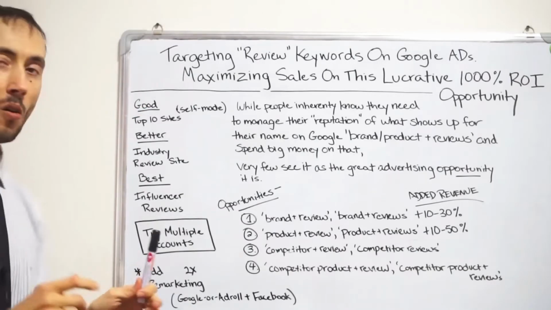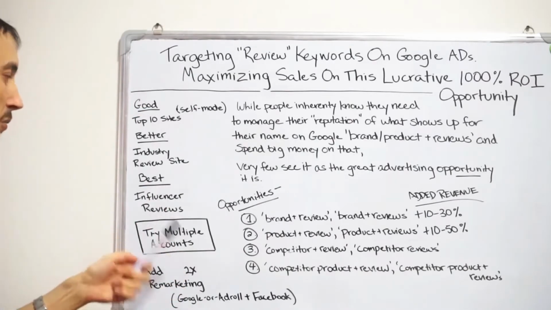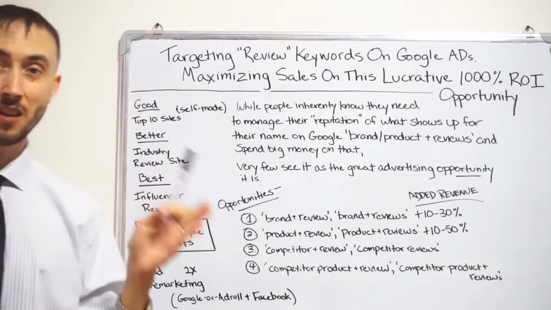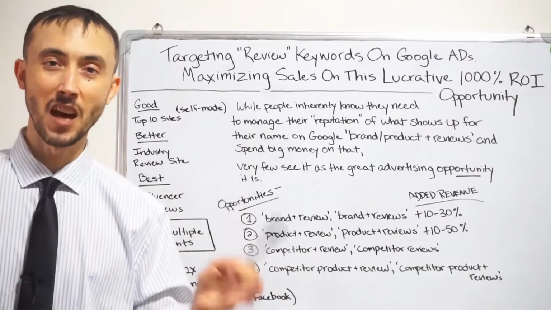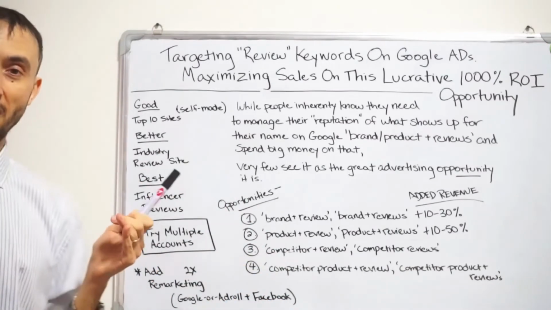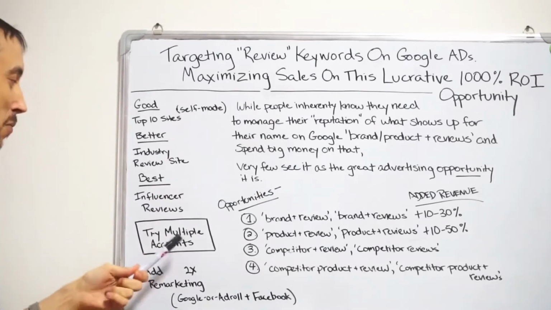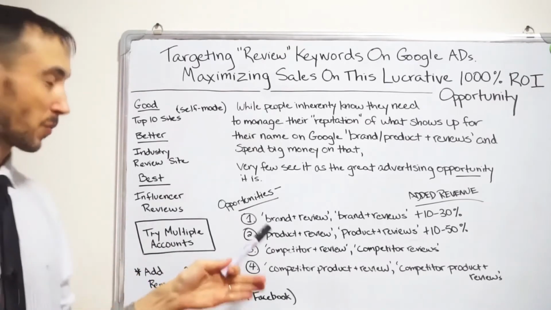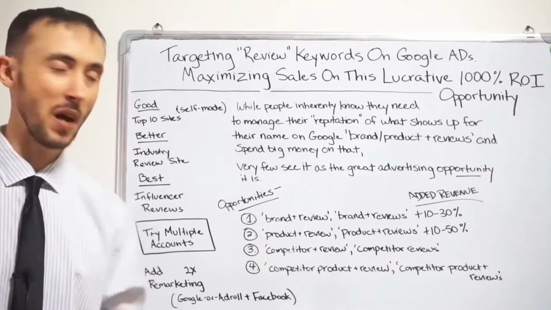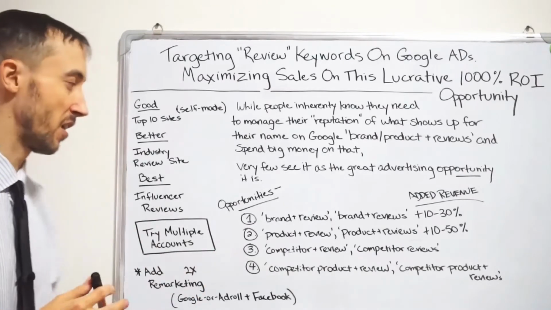So how do you do that actually? Now, this is kind of gray hat stuff here. It's not illegal, okay? Multiple accounts. Remember I said you want to get as many clicks as possible, because this stuff's super high converting.